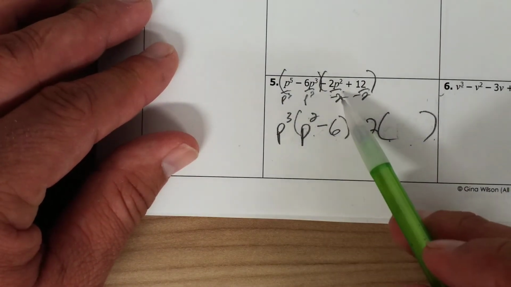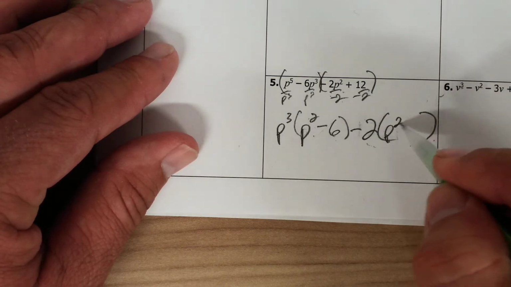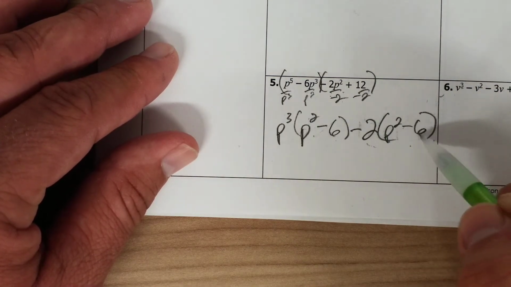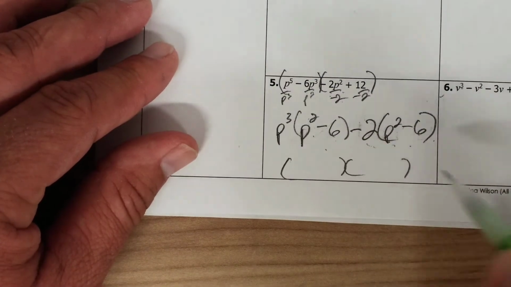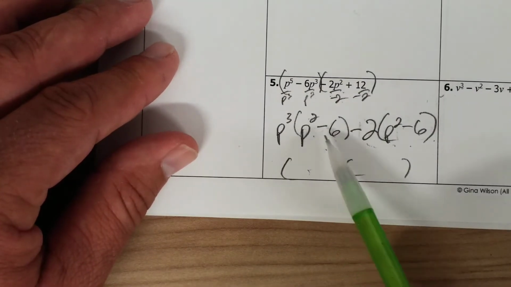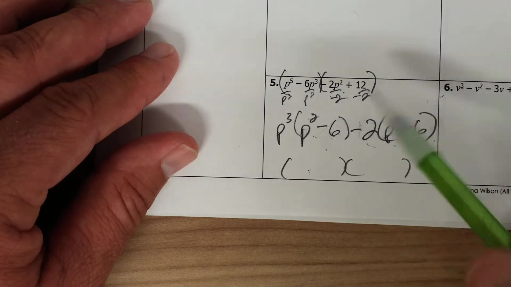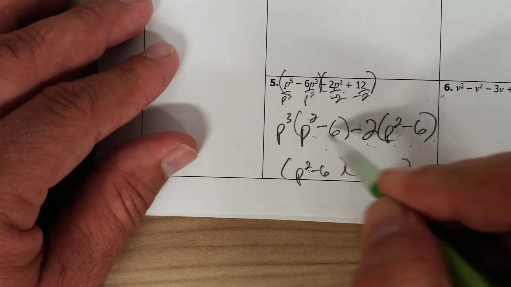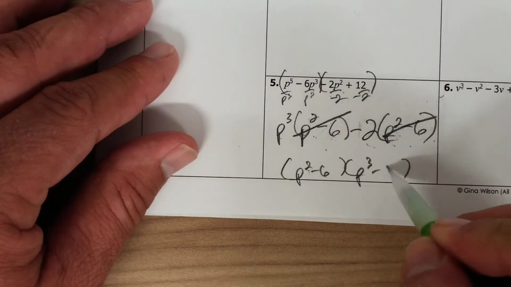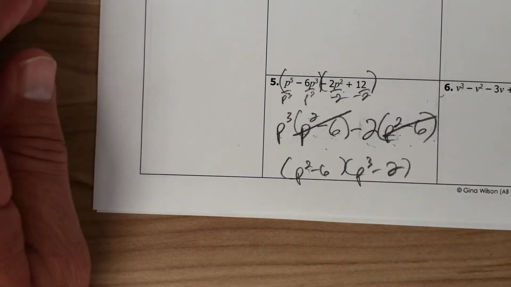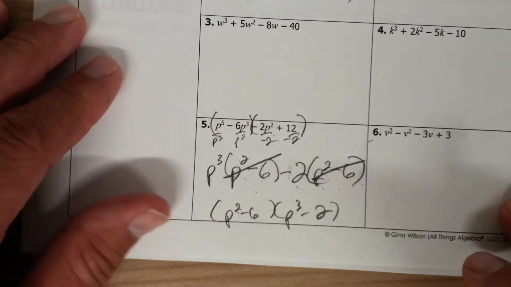So now negative 2p squared over negative 2 is p squared, and 12 over negative 2 is negative 6, and now these parentheses match. So my final answer in one parentheses will be this parentheses that matches, the p squared minus 6, and the other parentheses will be this p to the third minus 2. Okay?